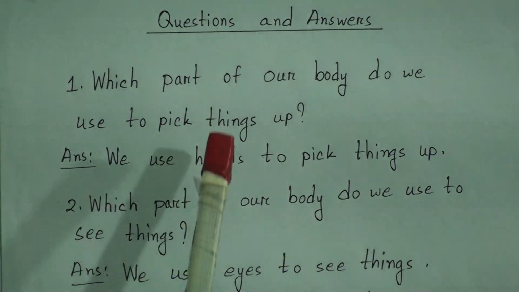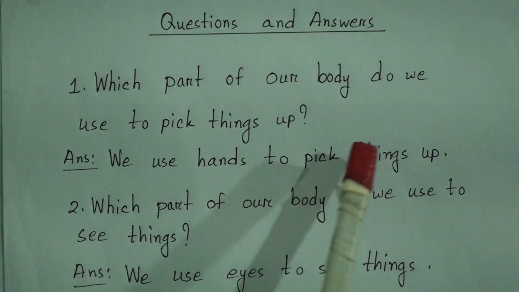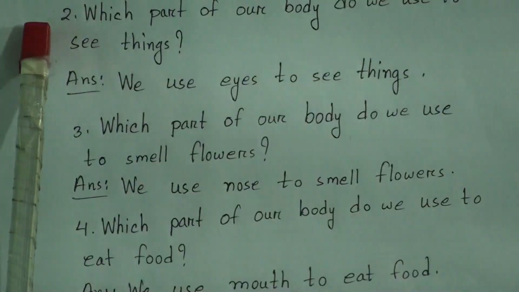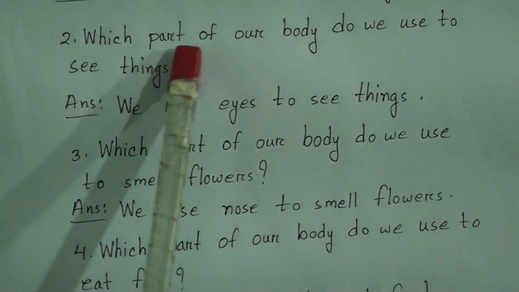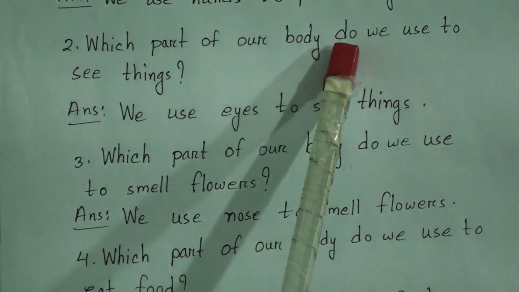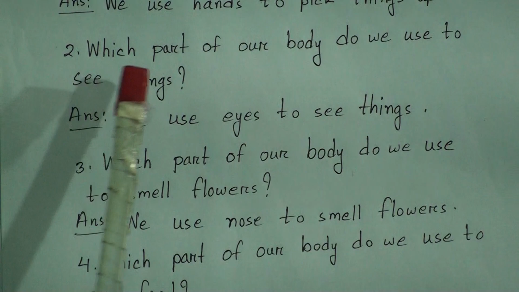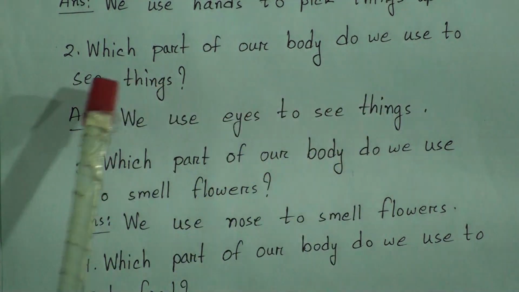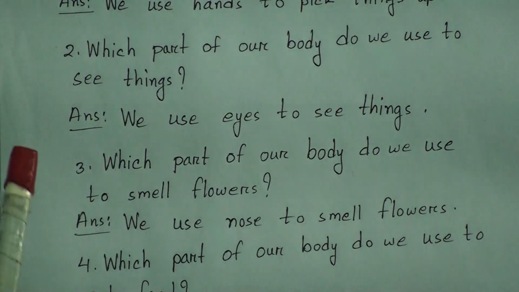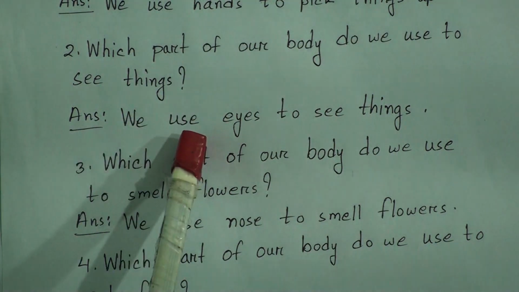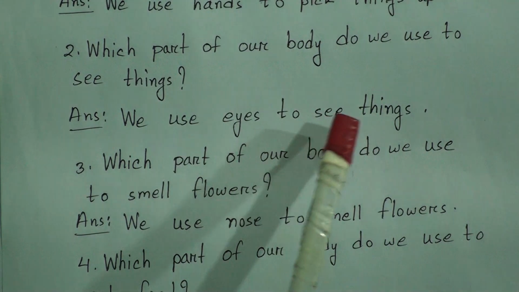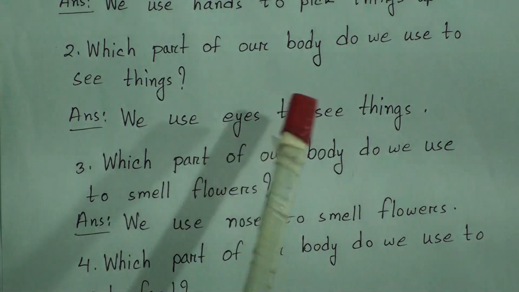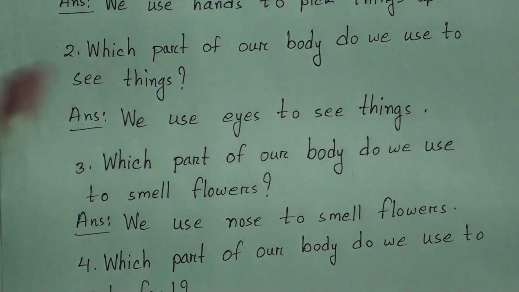Question number 2: Which part of our body do we use to see things? Answer: we use eyes to see things.